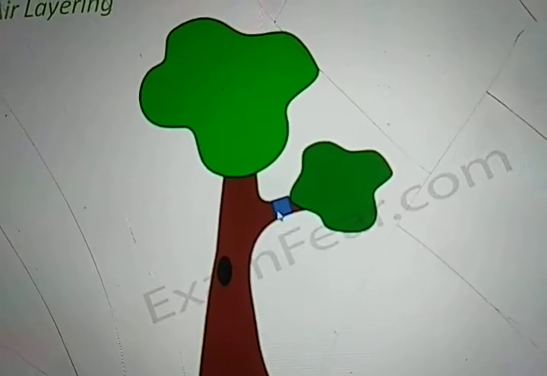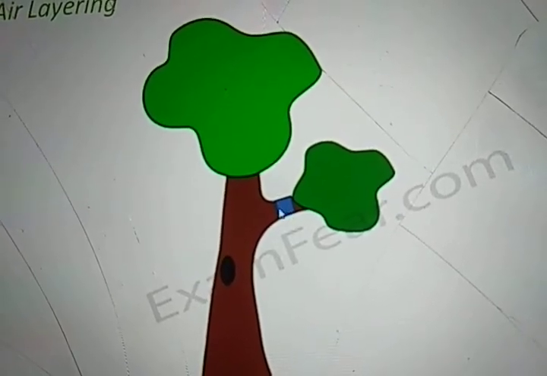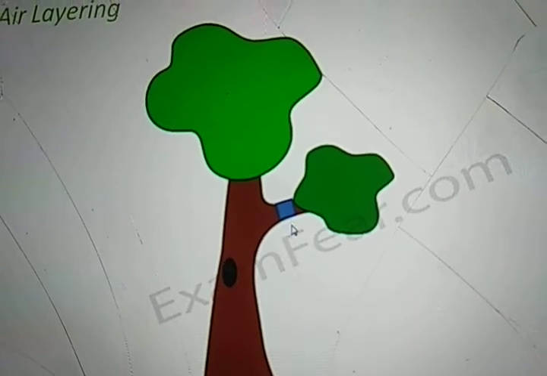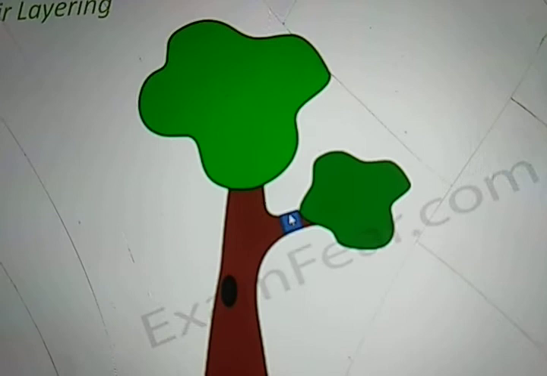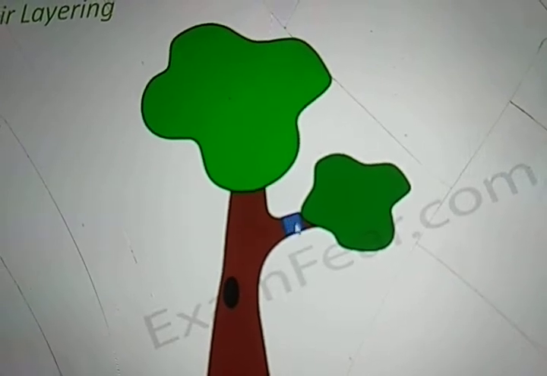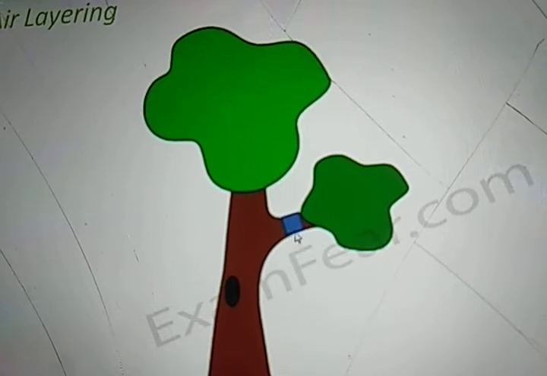Why moist mud? Because it is like the soil. With water, it is moist, so it has water, minerals, and nutrients, everything needed for the plant to grow. So you put the bandage of moist mud, and then you cover it with plastic.